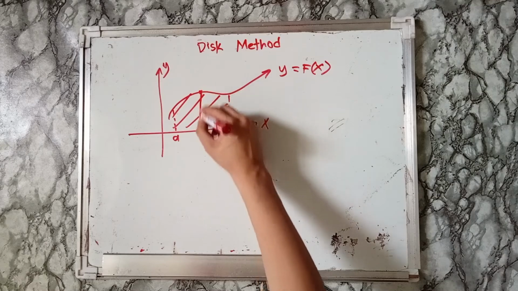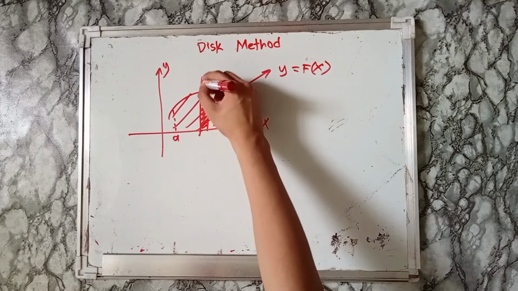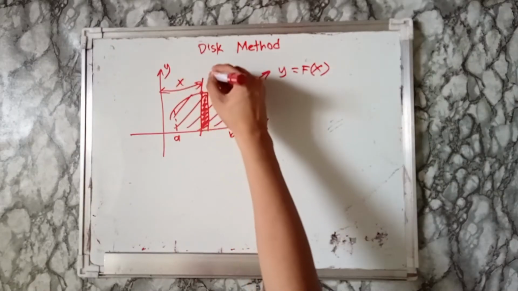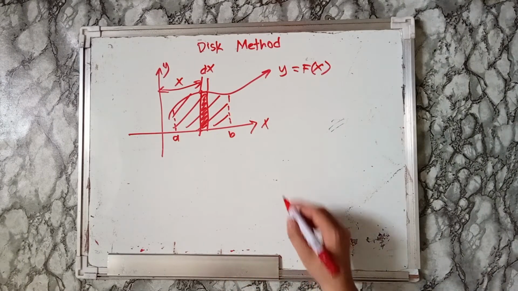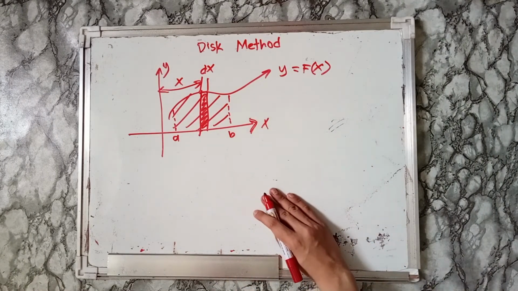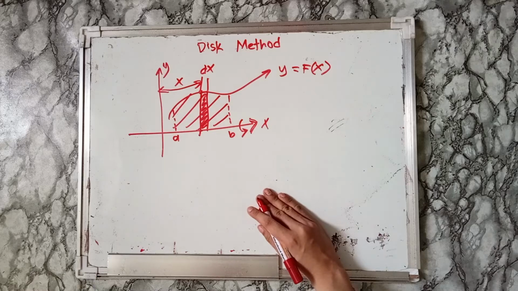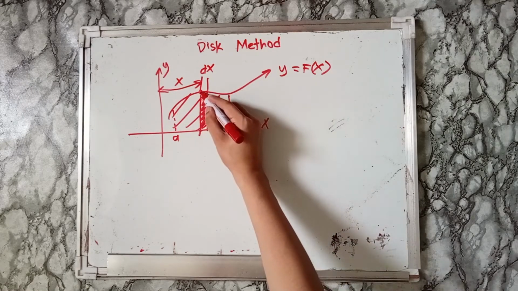Now if we draw a vertical strip, this is our x and this is dx, right? Now, if our area of rotation is along the x-axis, this will also rotate, right?